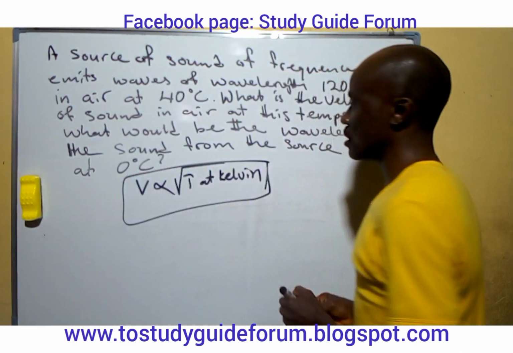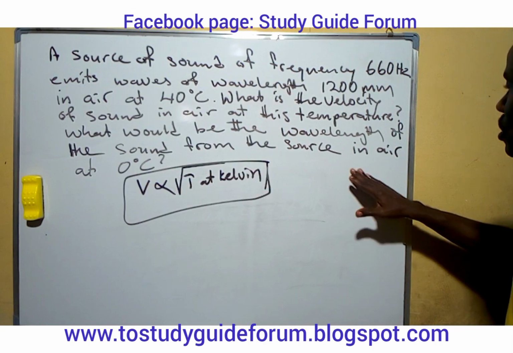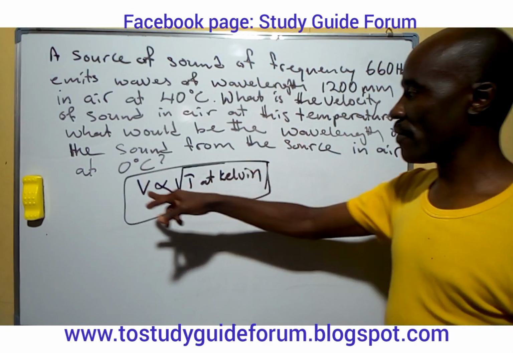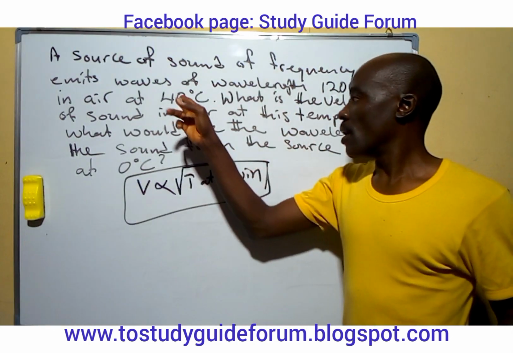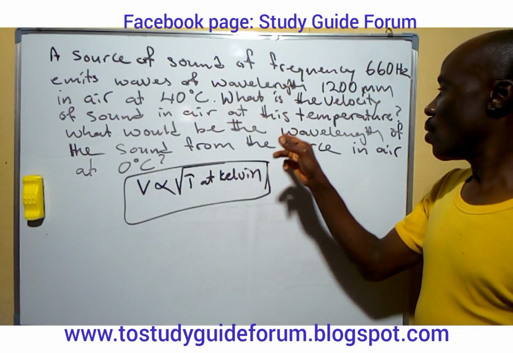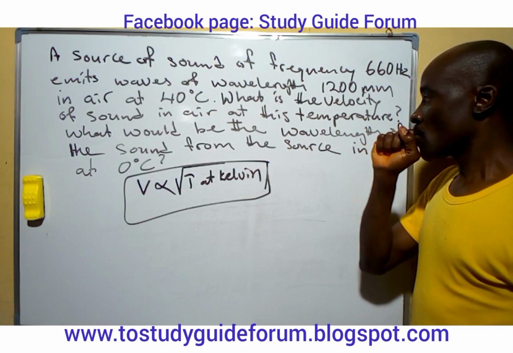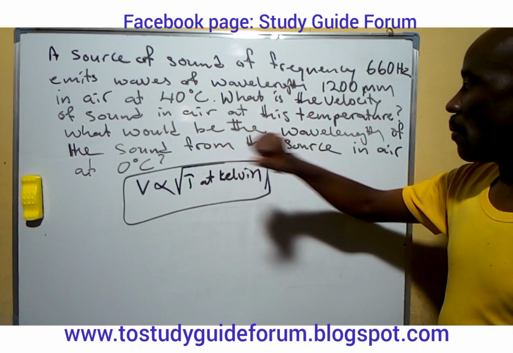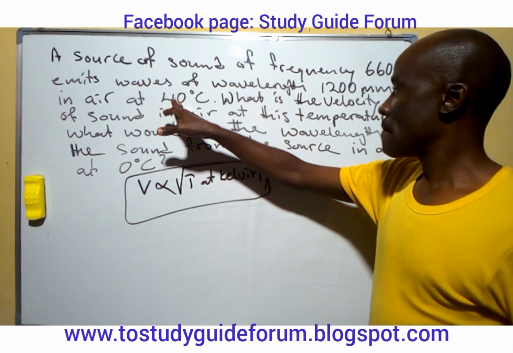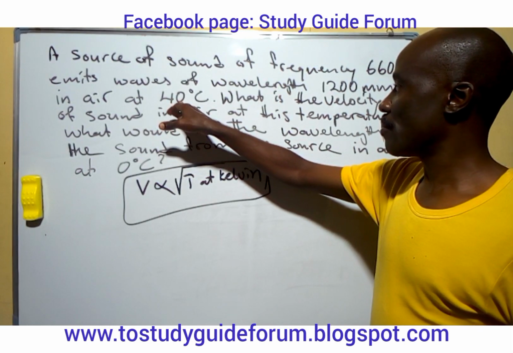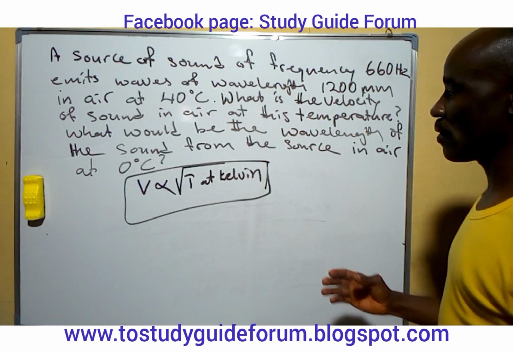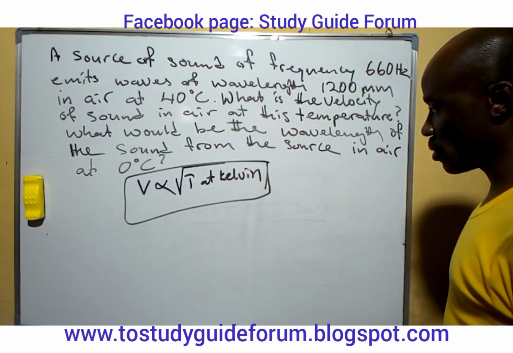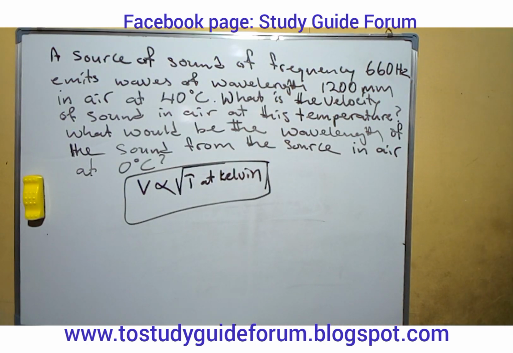Before we can get the wavelength, we need to get the velocity at 0. When we get the velocity at 0, then we'll be able to get the wavelength. The other temperature here is 40 degrees, so we're going to compare them in order to get what we are required to find.